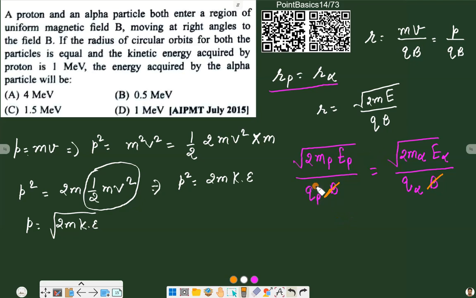So squaring both sides, what we get is twice mass of proton, energy of proton by square of charge of proton, is equal to twice mass of alpha, E alpha by Q alpha square. 2 gets cancelled, and we have to find E alpha.